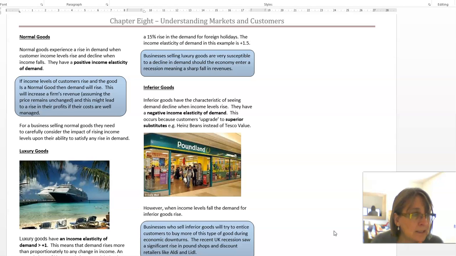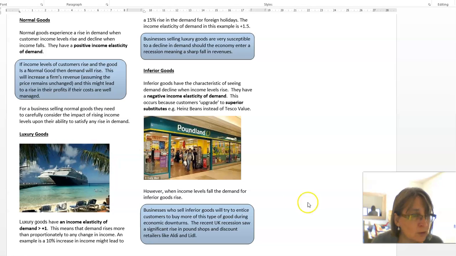In income elasticity, we talk about three different types of goods: normal goods, luxury goods, and inferior goods. Normal goods behave as we would expect for income changes. When incomes change, you start buying a little bit more of things.